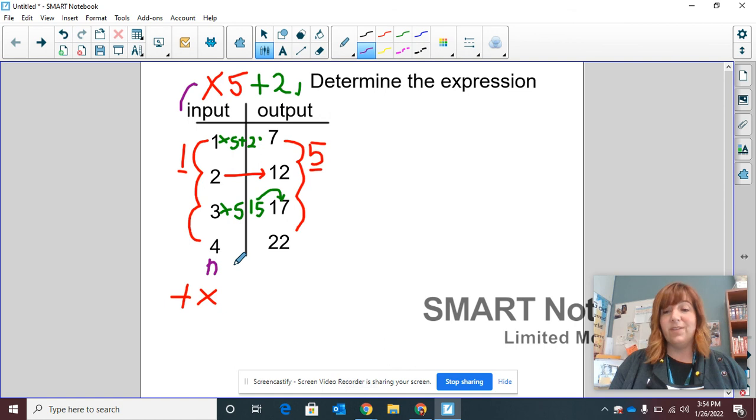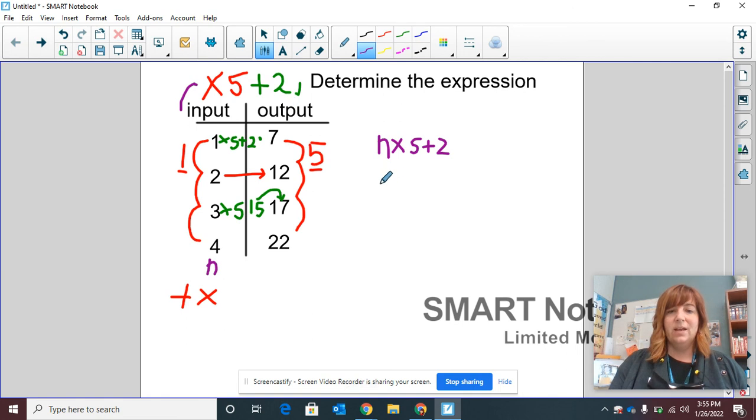It could be a 5, it could be a 10, it could be a 20. So I'm going to say my input is N, and then I'm just going to take my machine, N times 5 plus 2.